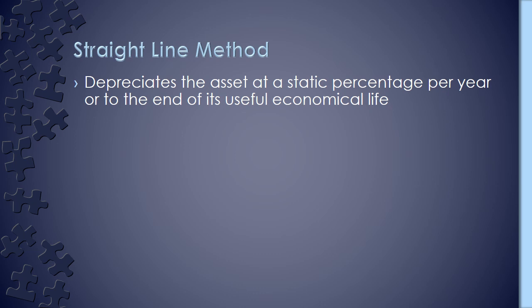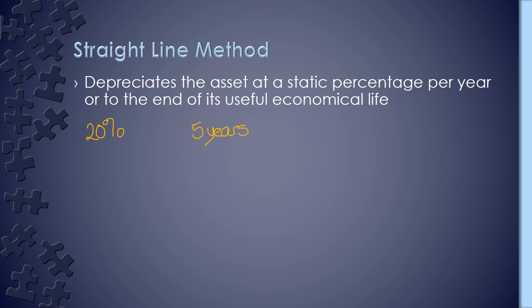Depending on the policy, you may depreciate the asset at 20%, so you might be given a rate in your exam question, or it might say that the company thinks it has a useful economic life of 5 years.